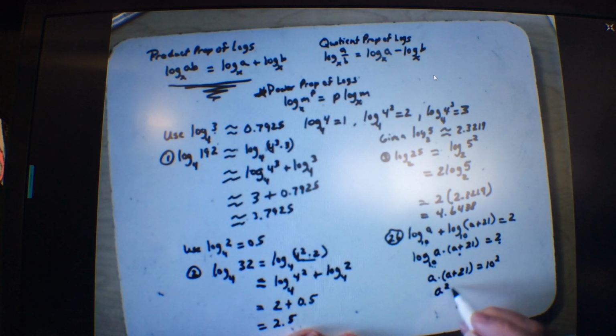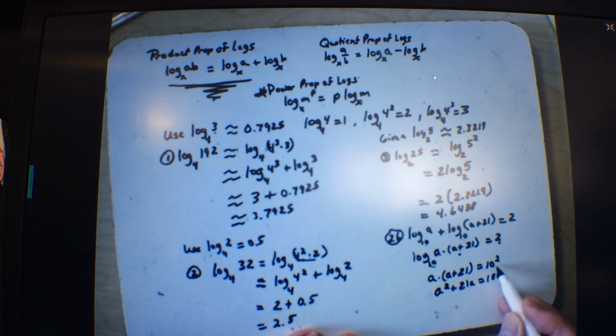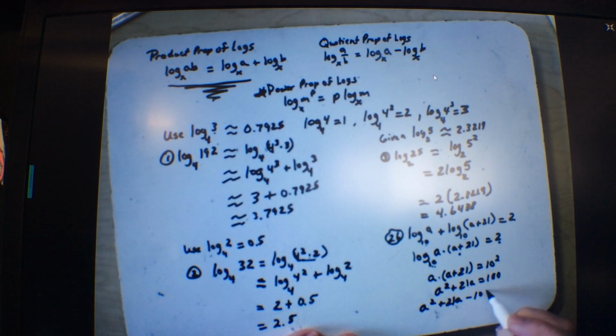So I can just say a squared plus 21a equals 100. If I put it all on one side, it's a quadratic equation. And I factor that. I want factors of 100 that add up to 21.